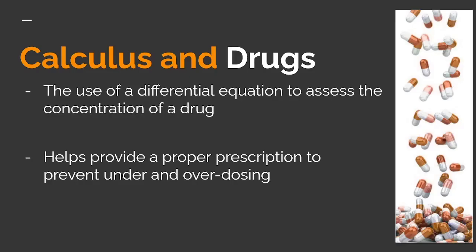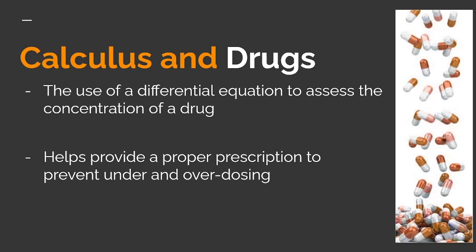Now that you know pharmacokinetics and the 5 steps of LADME, we can get into the math behind it. For doctors to properly prescribe a correct dosage of a drug for a patient, we must understand its concentration over time, and to do this, a differential equation will be used.